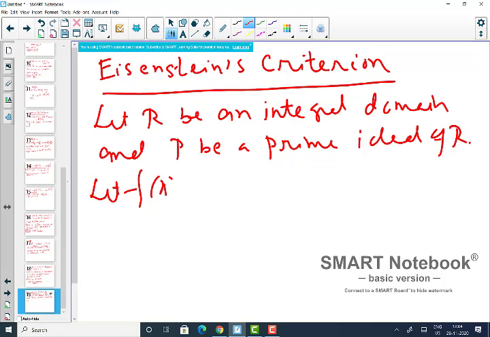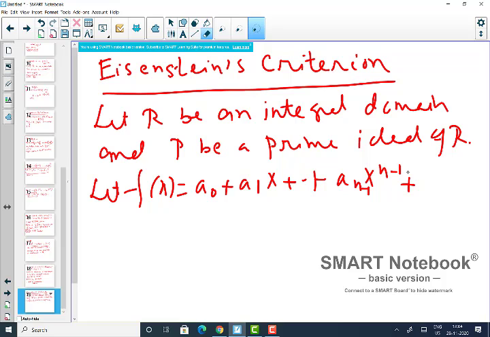So f(x) equals, I am taking a monic polynomial here, a0 plus a1 x plus up to a_{n-1} x^{n-1} plus x^n.